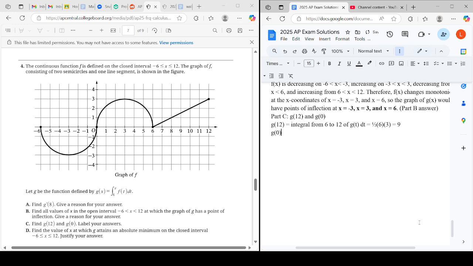And g of 0 would be the integral from 6 to 0 of f of t dt, which equals the opposite of the integral from 0 to 6 of the function.